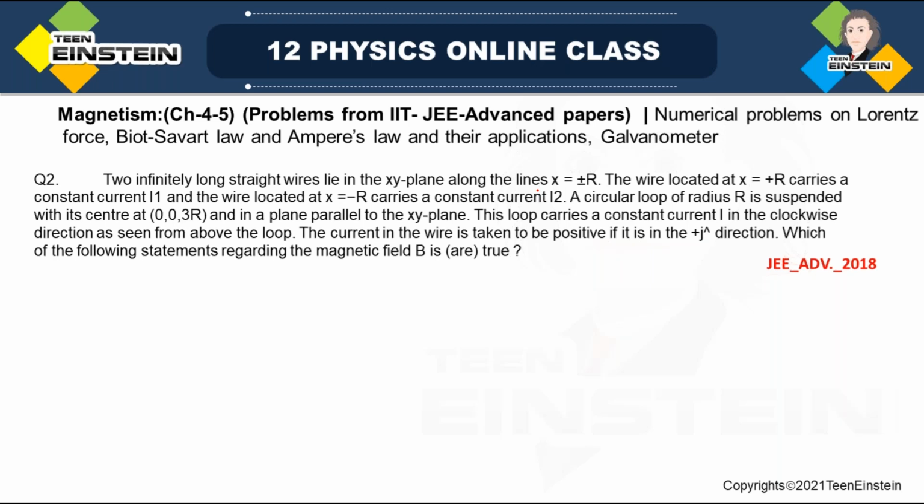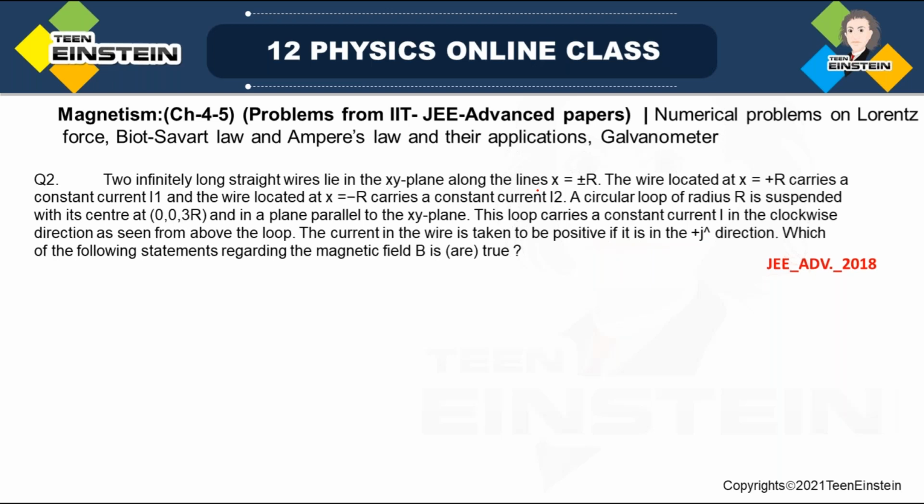The option was that if I1 and I2 are equal, then B cannot be equal to 0. It is actually true. So this cannot be 0. This is true.